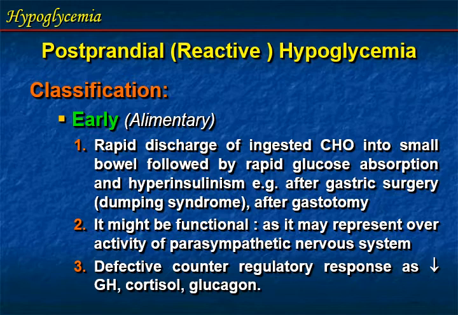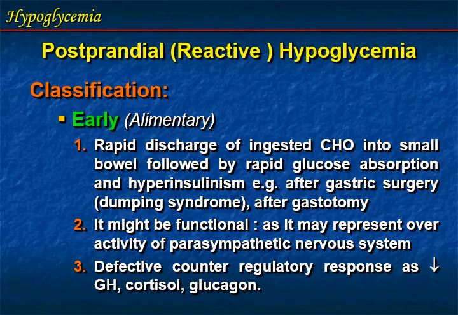This is very important, one of the postprandial or reactive hypoglycemias, which occurs in those people, concentrate please a little bit, with gastric carcinoma. These people go to the surgeon, and the surgeon removes the stomach, which acts as a reservoir, and makes an anastomosis between the lower end of the esophagus and the first part of the duodenum.